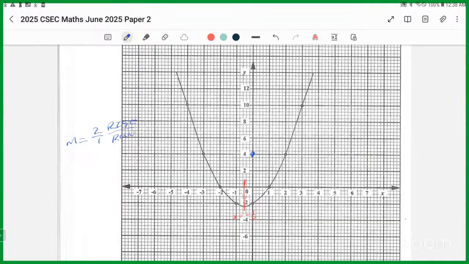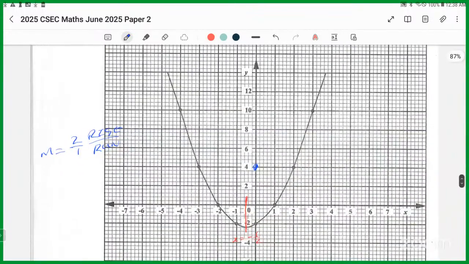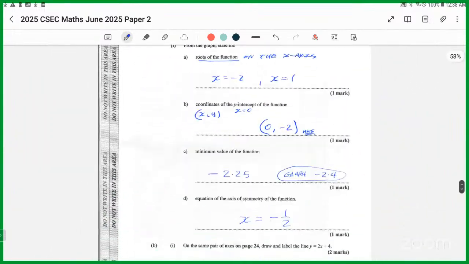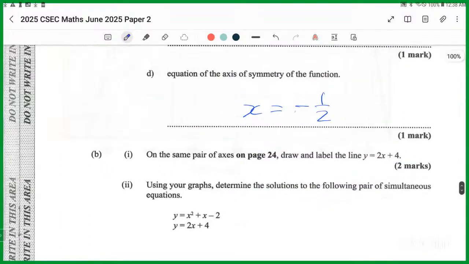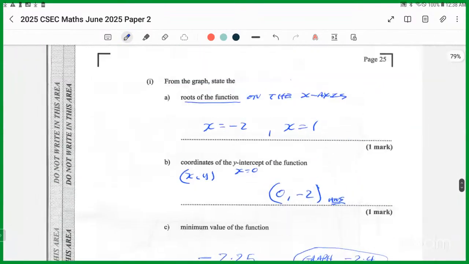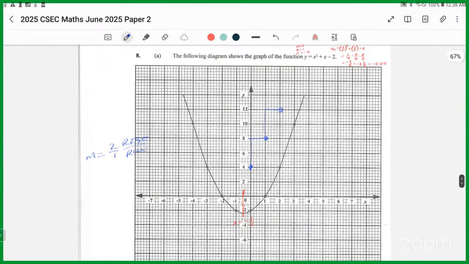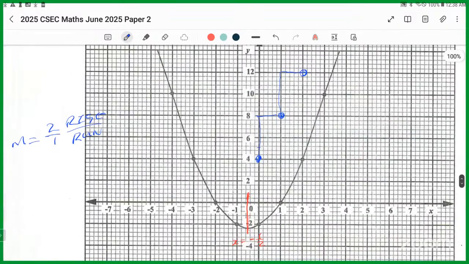To get other points, rise 2, run 1 takes us to here. Let's make sure: the y-axis intercept is 4 and the gradient is 2.